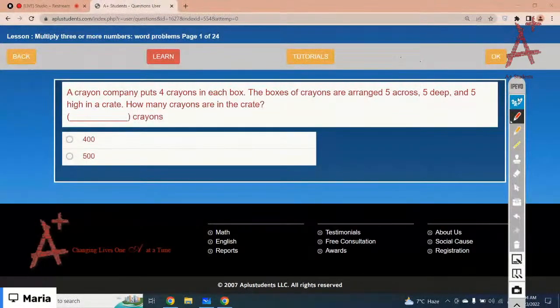So you have to multiply all the numbers. They are 5 times 5 times 5 times 4. Got it?